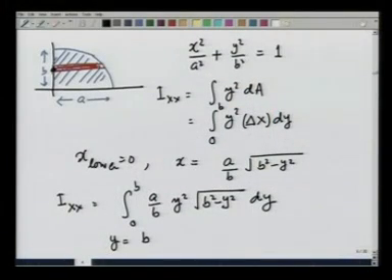To do this, we substitute y equals b sin θ.